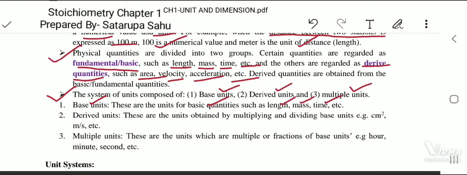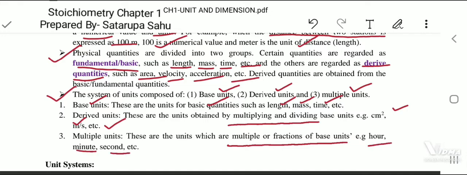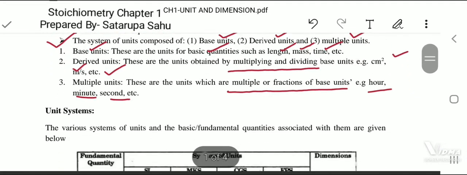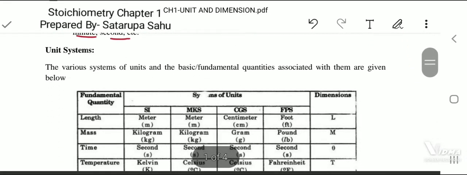The derived units are the units that are obtained by multiplying or dividing the base units, such as centimeter square, meter per second, etc. Multiple units are the units that are obtained from the multiple or fraction of the base unit, such as hour, minute, second, etc.